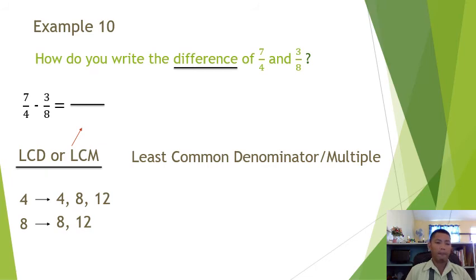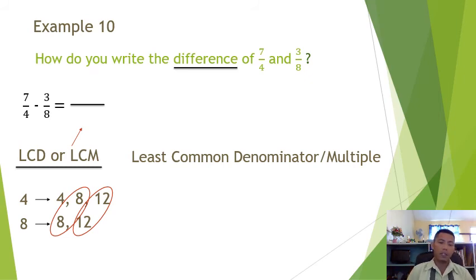Here, we will look for the common multiple of 4 and 8. We can see that 8 is common to the two numbers.